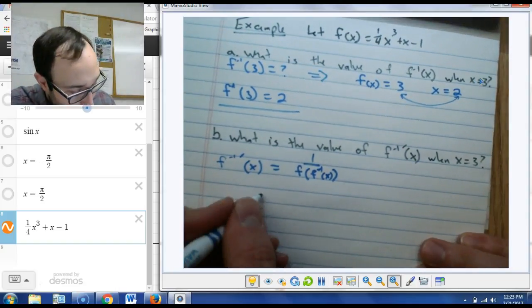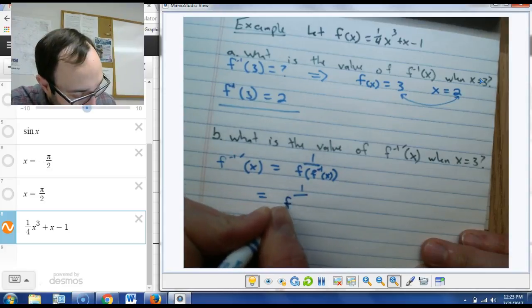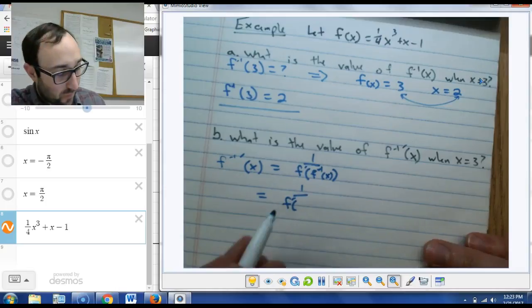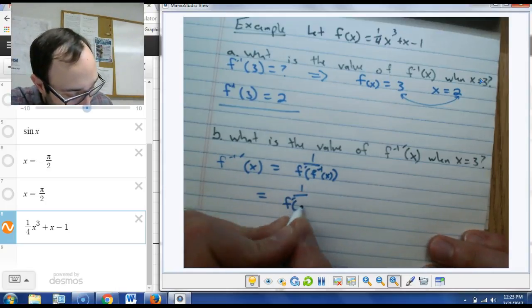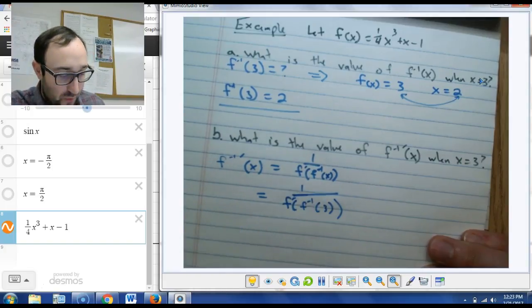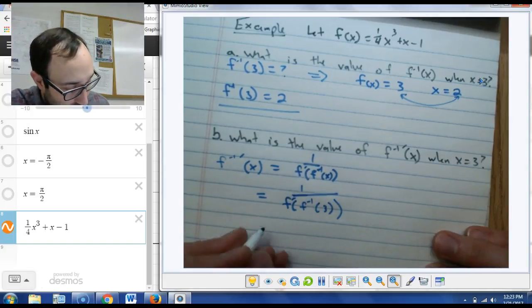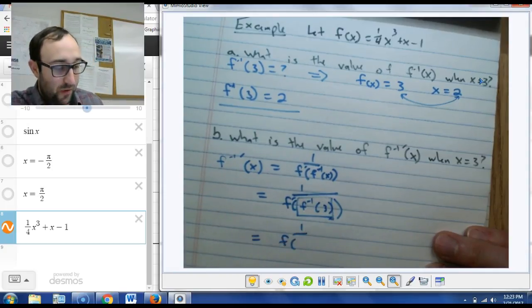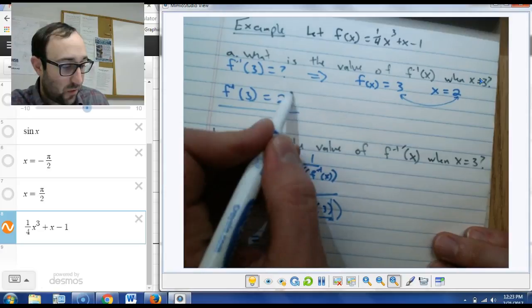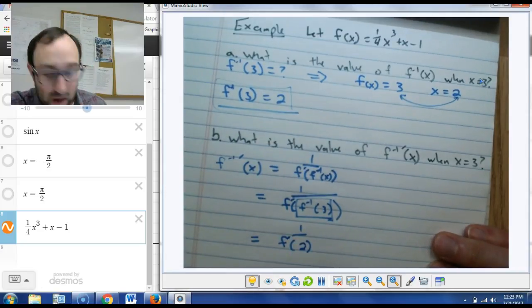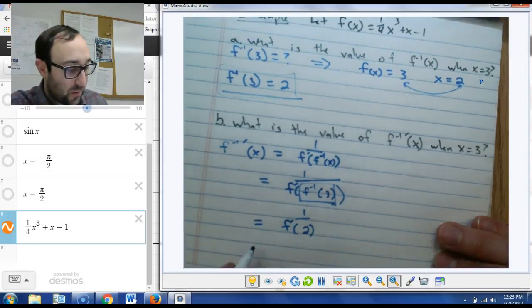This whole thing is going to equal 1 over f prime of the inverse, f inverse of 3. And we know that's the same as 1 over f prime of, do we know what the inverse of f at 3 is? Yes, we do. We know that's actually 2. So that whole thing is going to be f prime of 2.